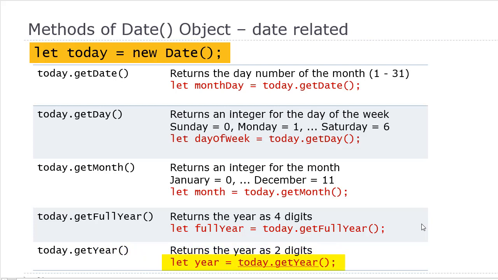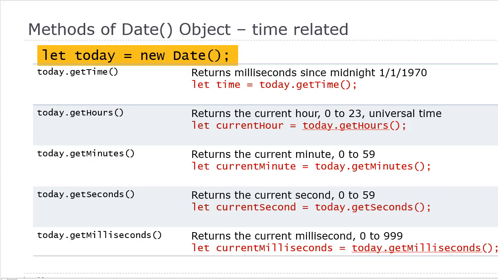So we can store that in a variable, and it would return 22. We can use all of these methods, plus a little bit of additional JavaScript, to display the complete date on a web page.